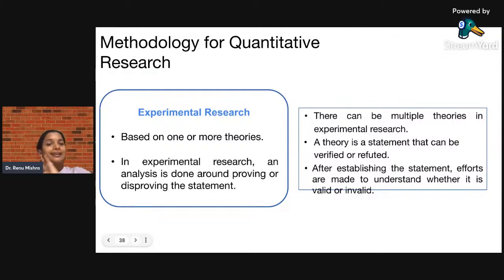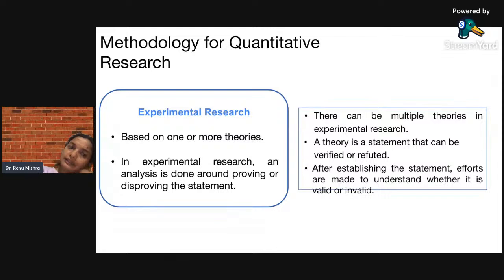Then another one is experimental research, in which you are exploring theories. You come across a statement and you are basically testing the theory. Let's say there is Maslow's theory of motivation.